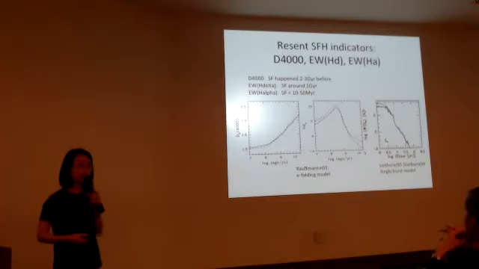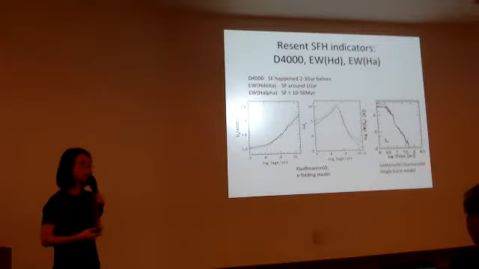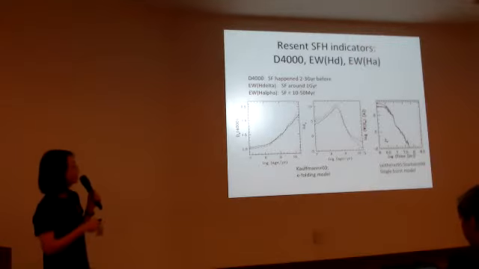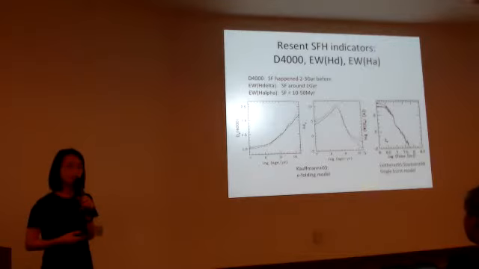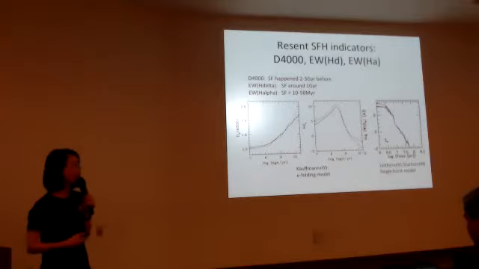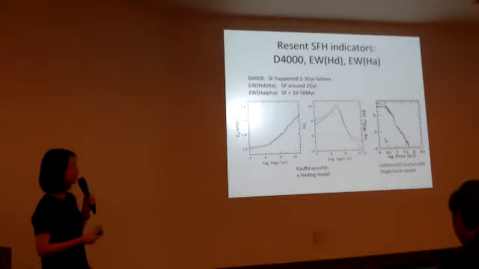So our aim is to trace the recent star formation history of barred galaxies and unbarred galaxies, and we choose 3 star formation history indicators to investigate their star formation.